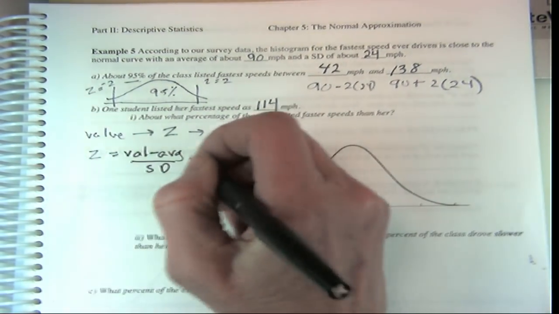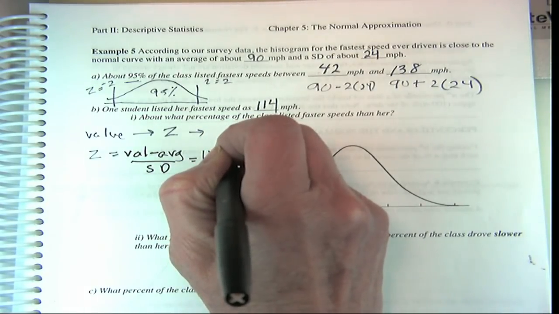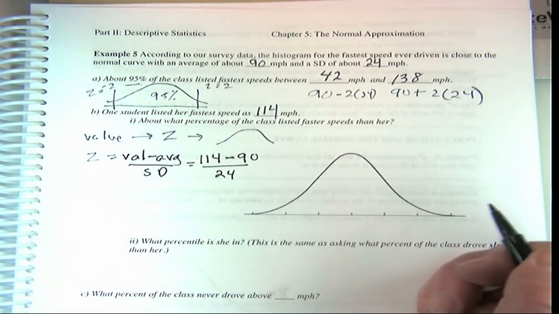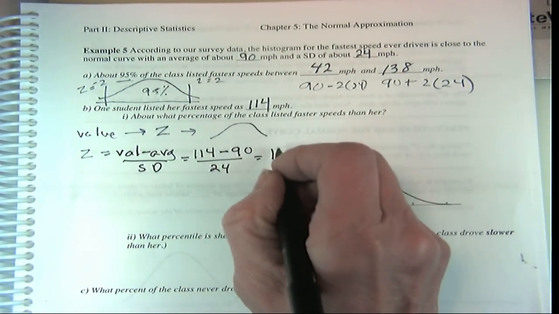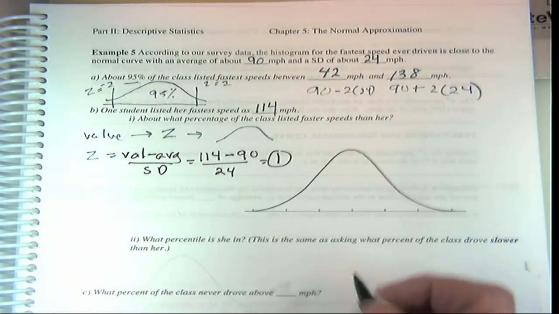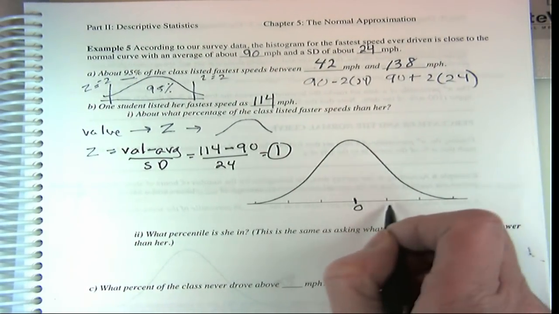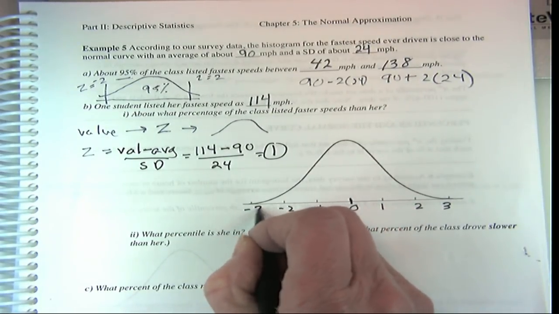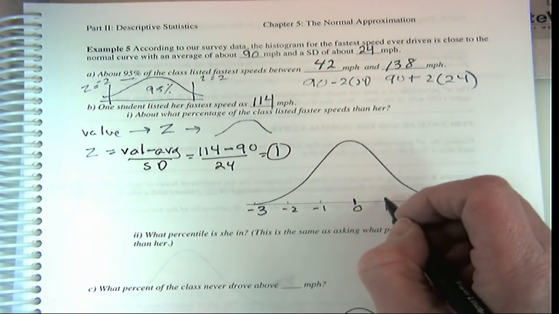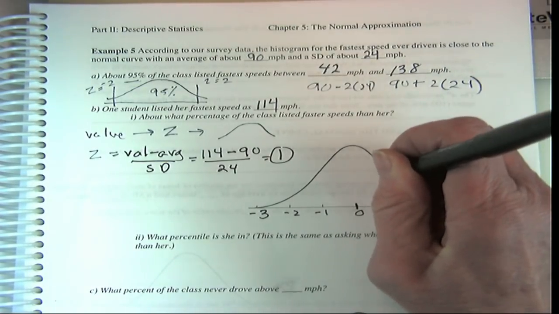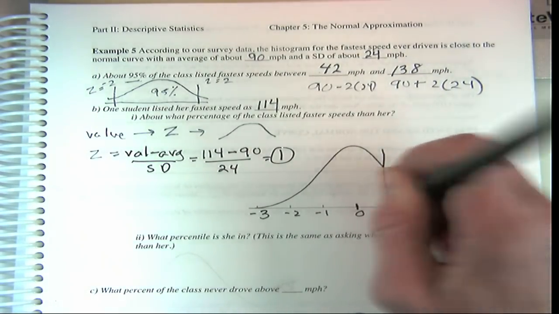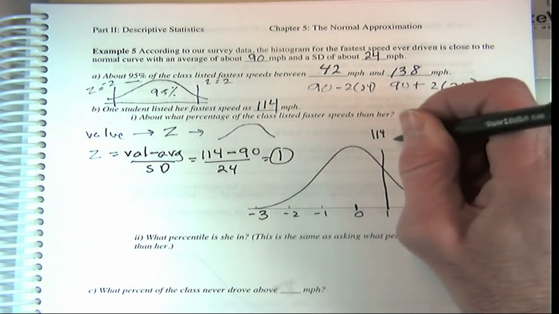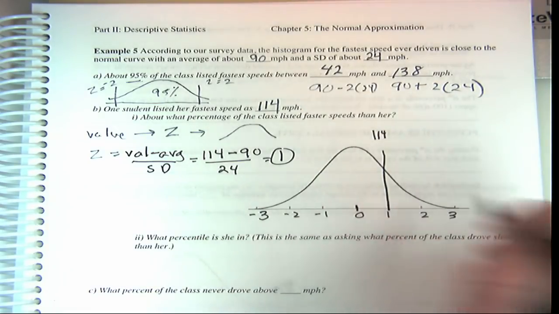So in this case, it's 114 minus 90 over 24, which turns out to just be 1. So that is our z-score. So here's the normal curve, so we know where to mark it. Mark it right here. So this right here is where 114 is, and it's a z-score of 1.